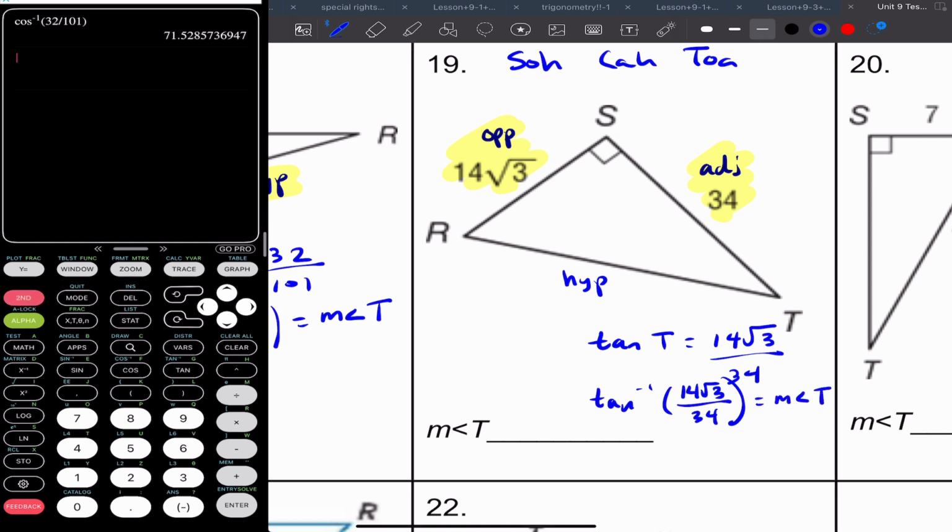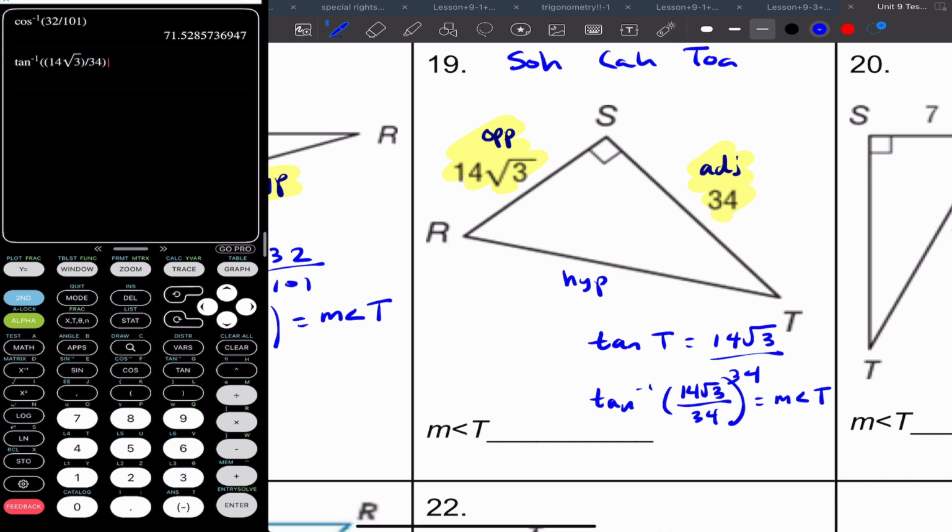So I press second tan, and it's probably a good idea to put parentheses around 14 root 3 because there are two numbers involved, and those two numbers are being multiplied. So 14 root 3, close the parentheses, and then divide by 34.